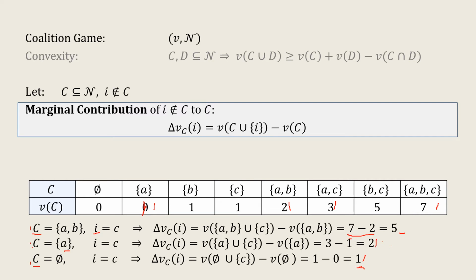It's equal to 2 when the coalition is A, and it's 5 when the coalition is AB. In other words, in this case, we see that the marginal contribution of this agent C increases when it joins a bigger coalition. And that's one of the properties we shall see of a convex game. The marginal contribution will keep increasing when the coalition size increases.